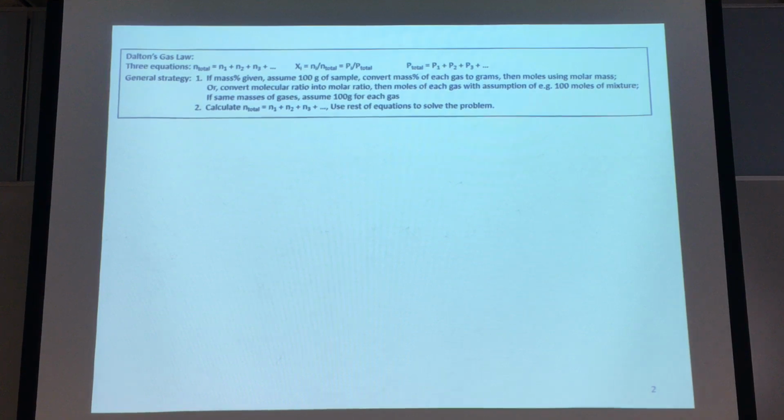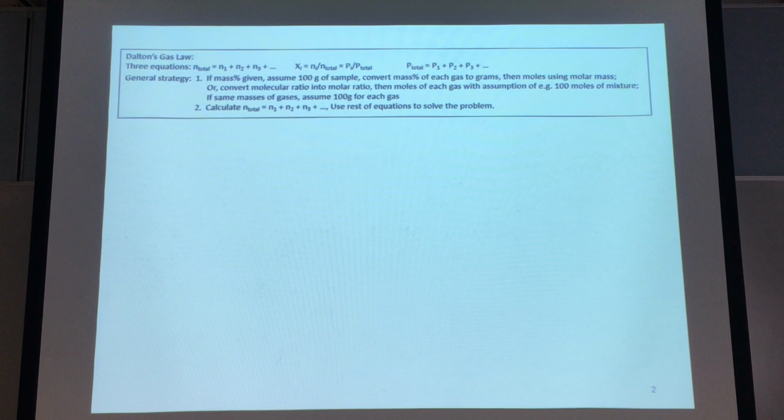For example, if the mass percent is given for each gas, what we're going to do is assume 100 grams of sample. We convert the mass percent of each gas into grams, and then we use the molar mass as a tool to calculate moles.